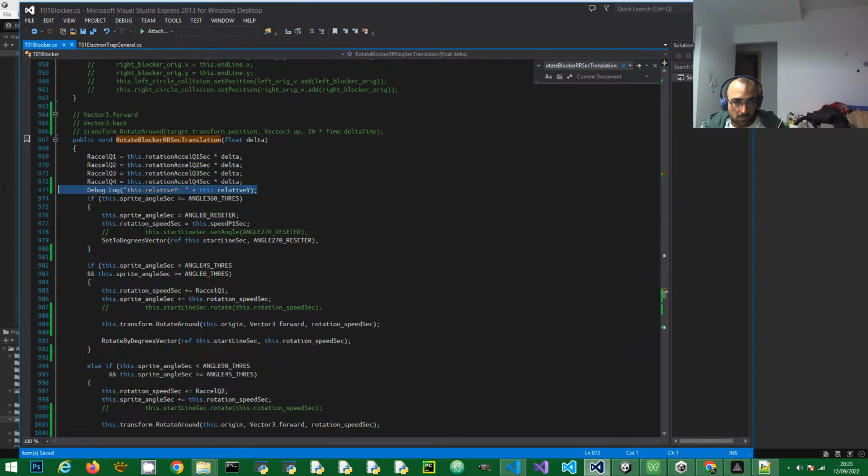So map edges. So we have this code right here.